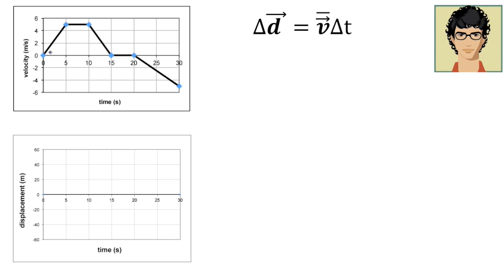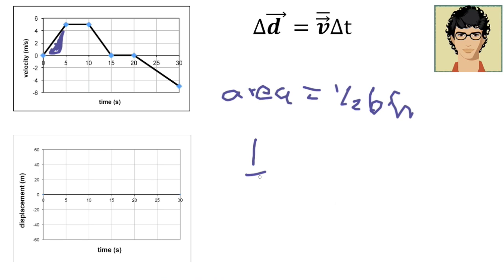All right. So the first piece is to get the area of this triangle over here. That tells us how far we've traveled in the first 5 seconds. So we know that the area of a triangle is 1/2 base times height, and the base in this case is 5 seconds, and the height is in meters per second, and that height looks like it's 5 meters per second, like so.